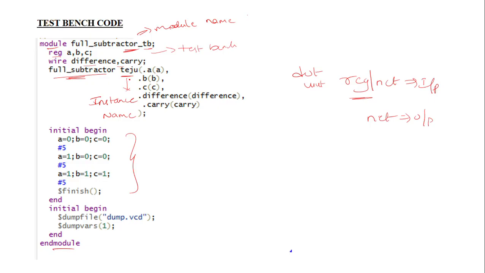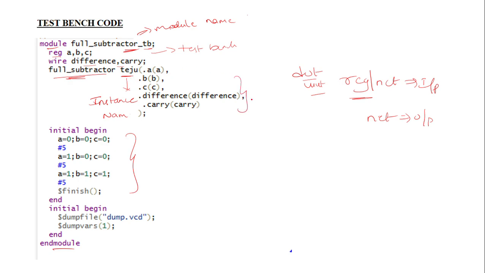I simply wrote my own name, because when you always write DUT, your mind gets fixed that only DUT must be written, otherwise you get an error. That's the clarification I wanted to give.